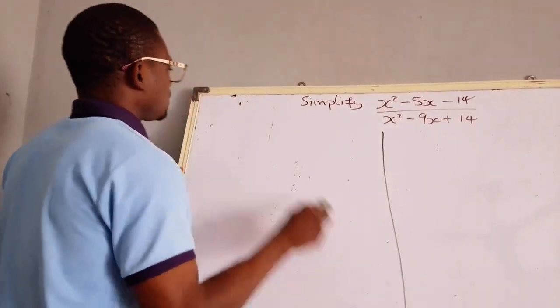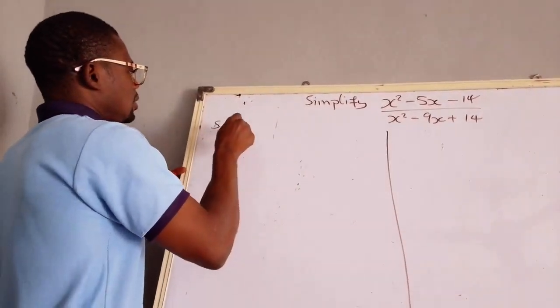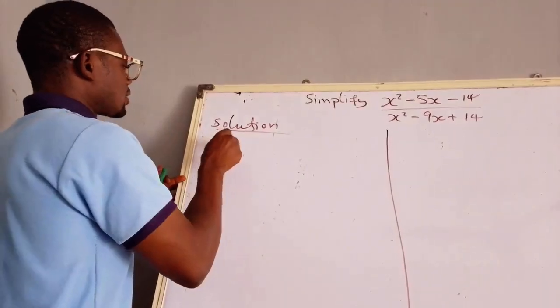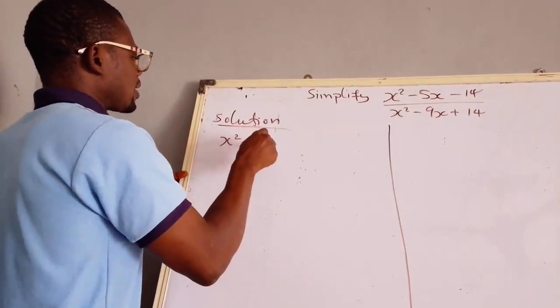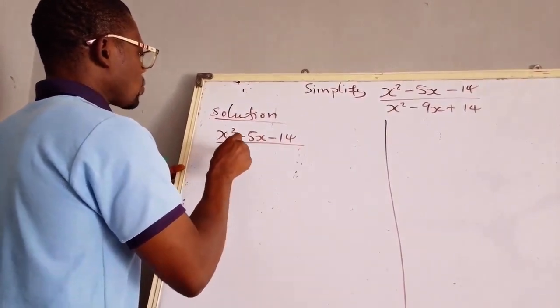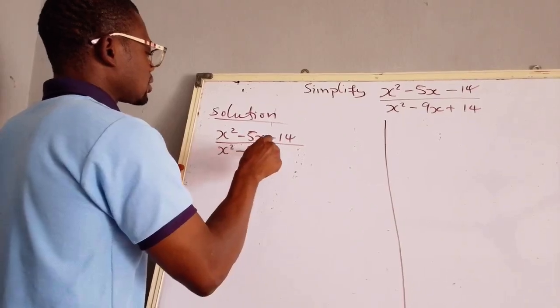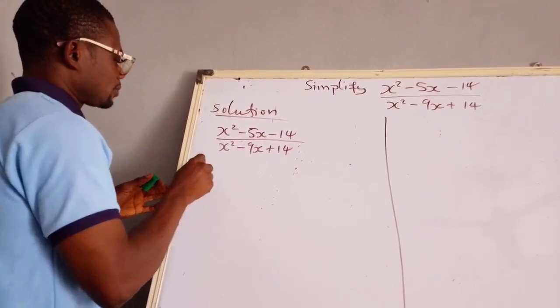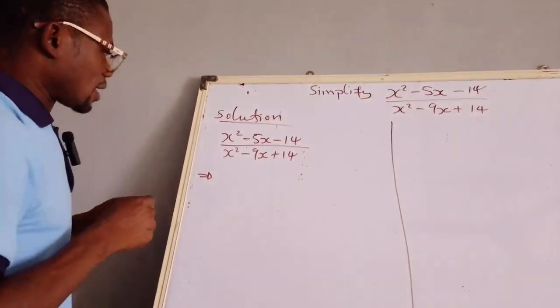Let's see how to solve it. We have x squared minus 5x minus 14 all over x squared minus 9x plus 14. All right, the next thing, look at this.